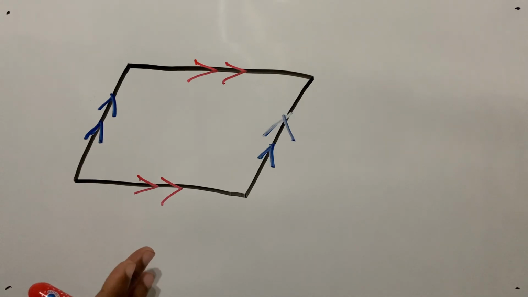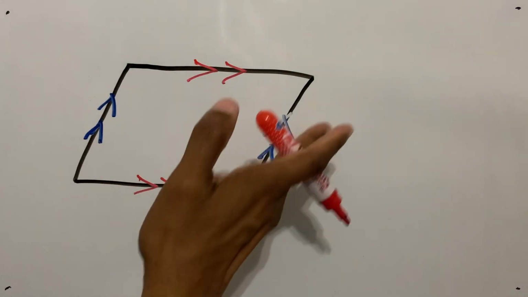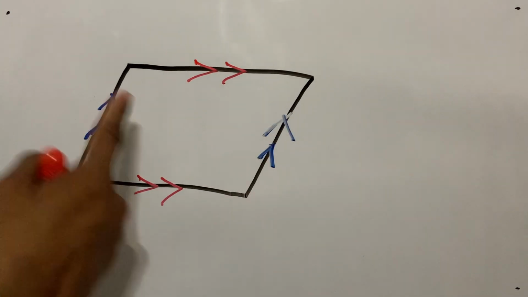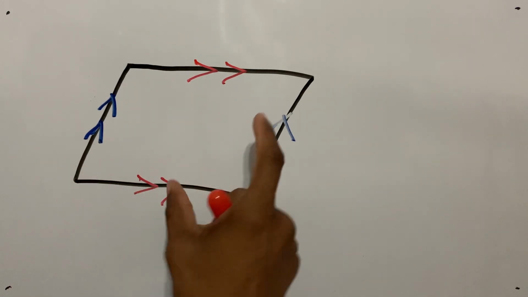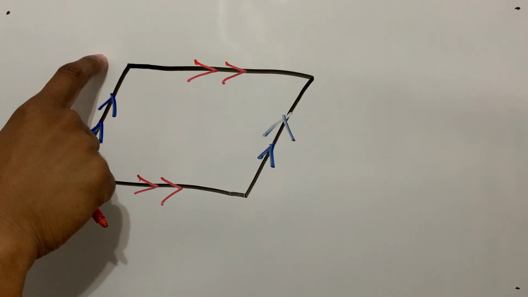Someone might ask, what are the properties of a parallelogram, apart from the opposite sides being parallel? These two sides are parallel and both equal in length. So the length of this side is the same as the length of this side.